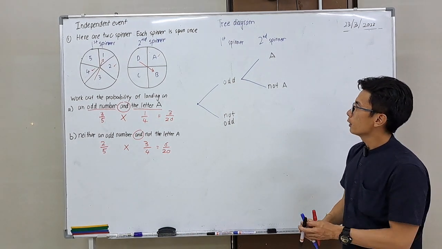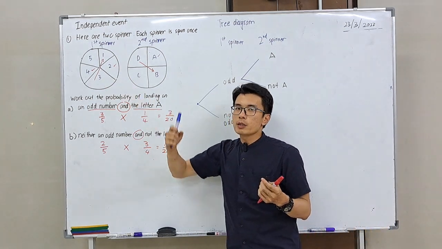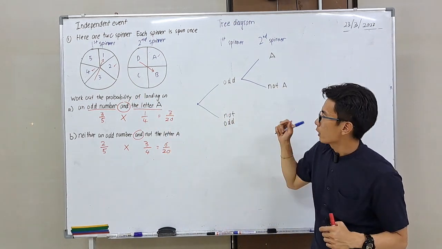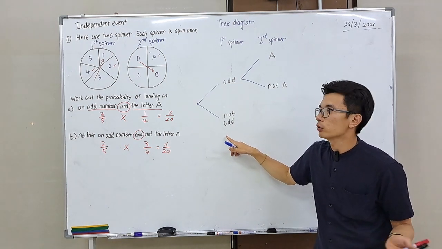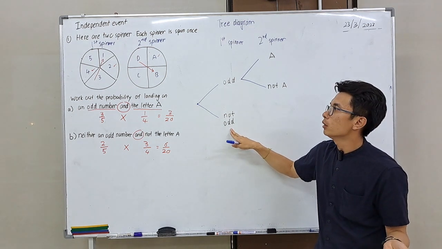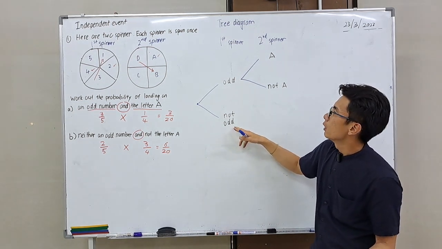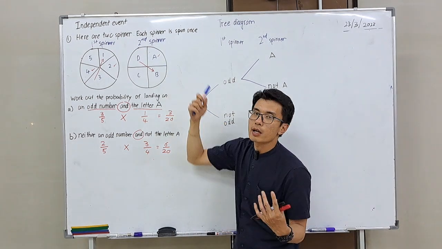Okay? But these are not all my possible outcomes. In my first spinner, I also have a chance to get not an odd number, right? So that's gonna be my even number. So if I get my even number, what is the probability that I will get A and not A?